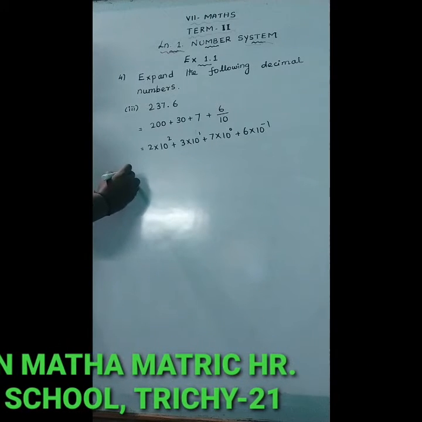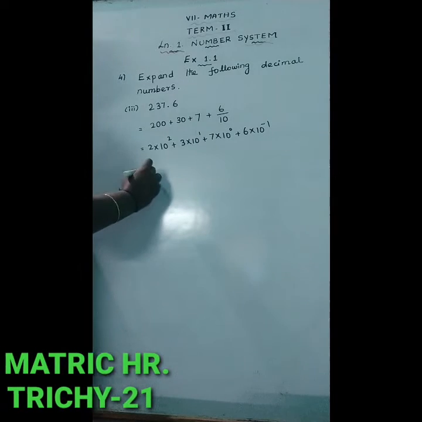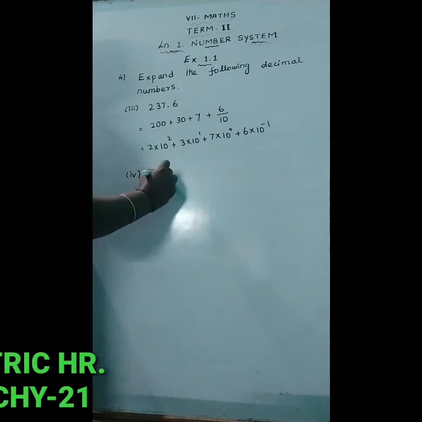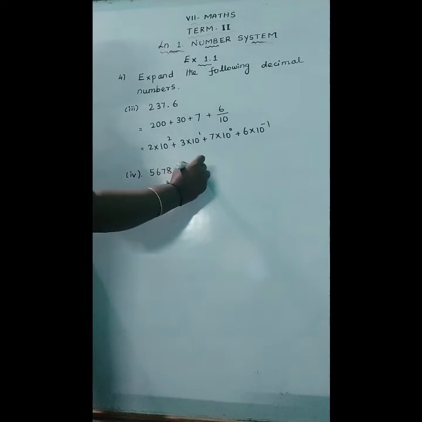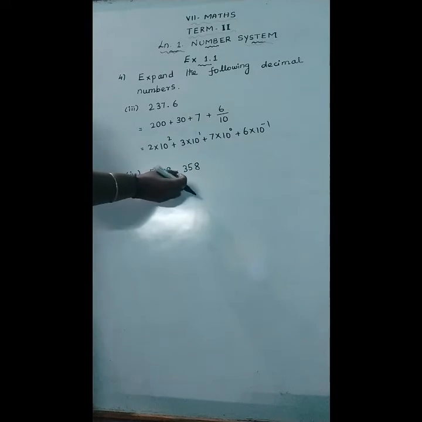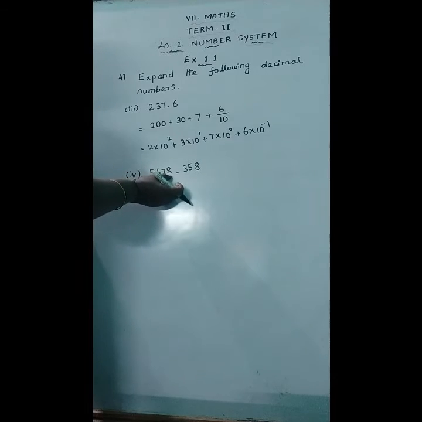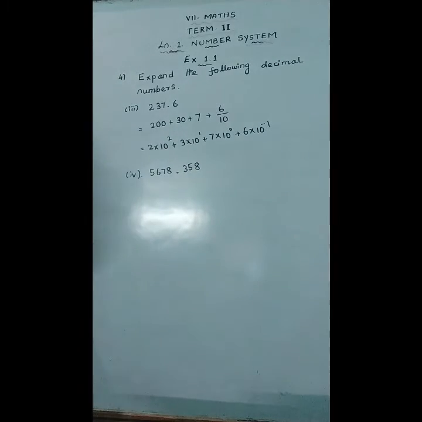The fourth one given is 5,678.358. Before the decimal point, the place values are ones, tens, hundreds, thousands. After the decimal point, tenths, hundredths, thousandths. So we write the decimal number.